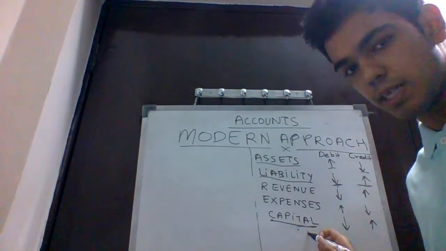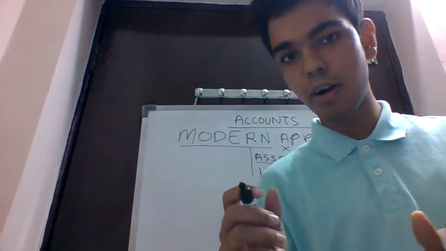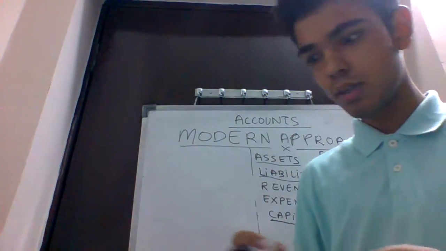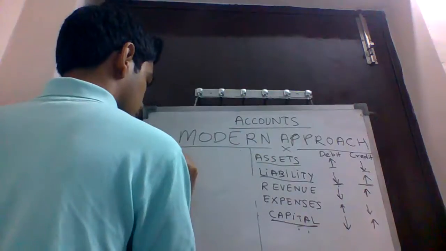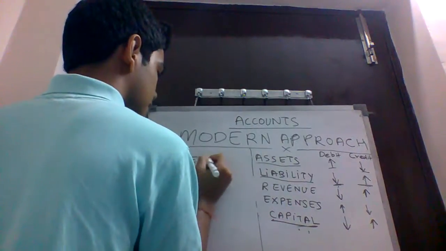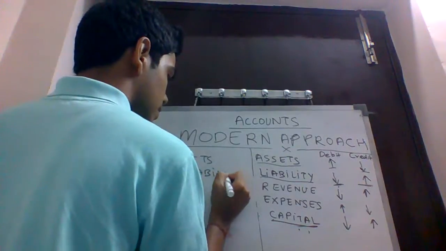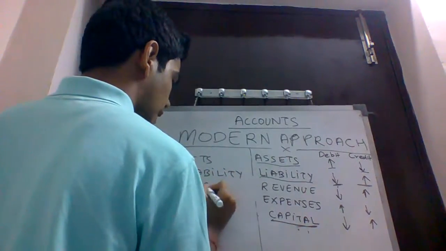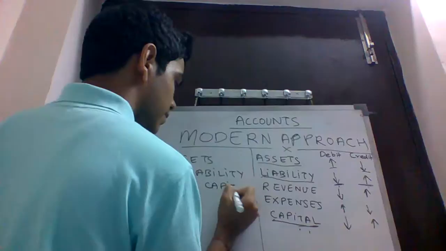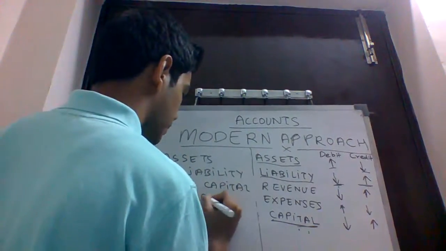the business entity concept, and you might have heard about the accounting equation. Assets is equals to liabilities plus capital, in which capital represents owner's equity.